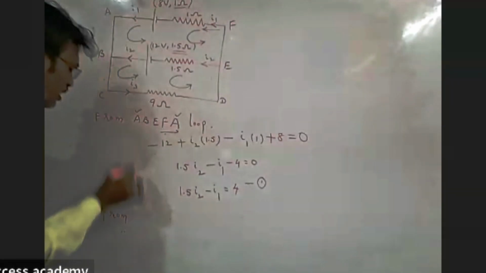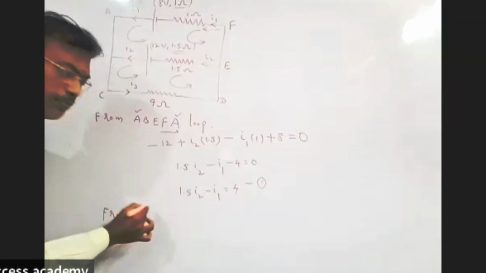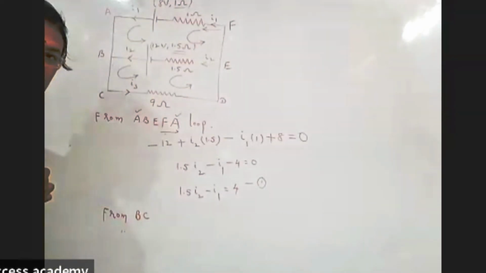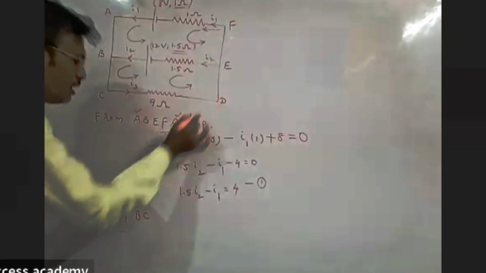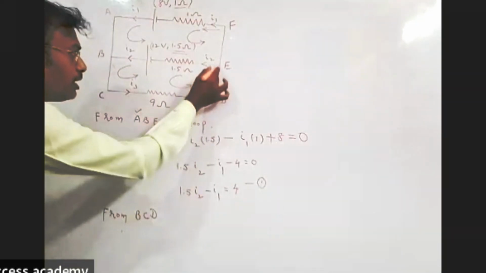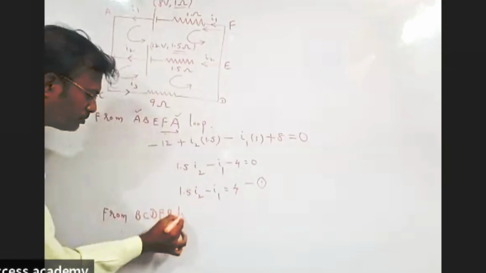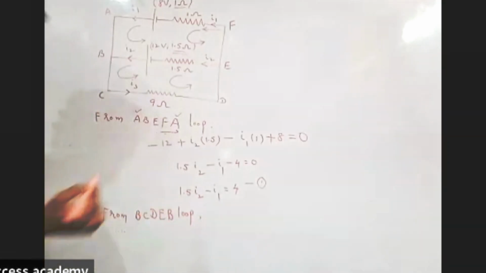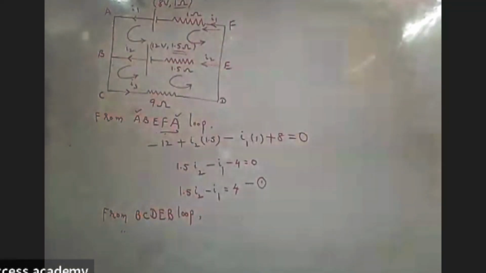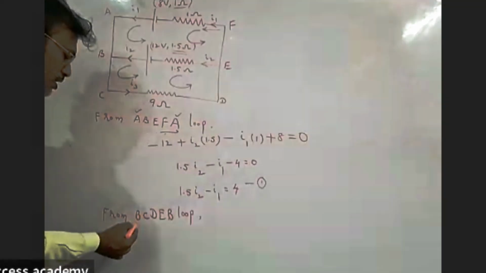B, C, D, E, B. Write the name of the loop: the BCDEB loop. From this loop, at first which one do I need to consider? BC.